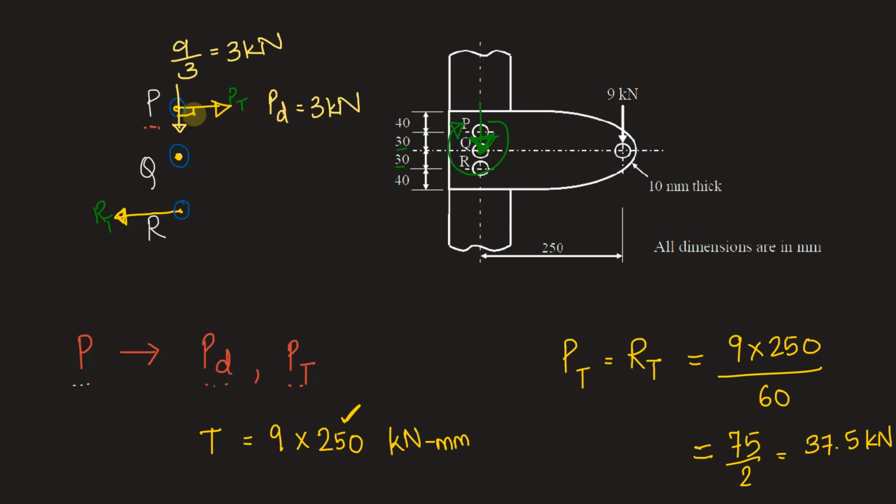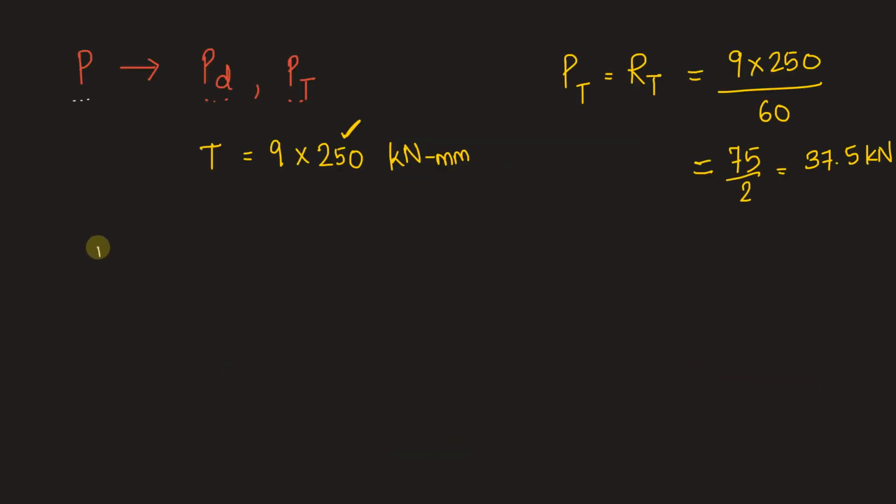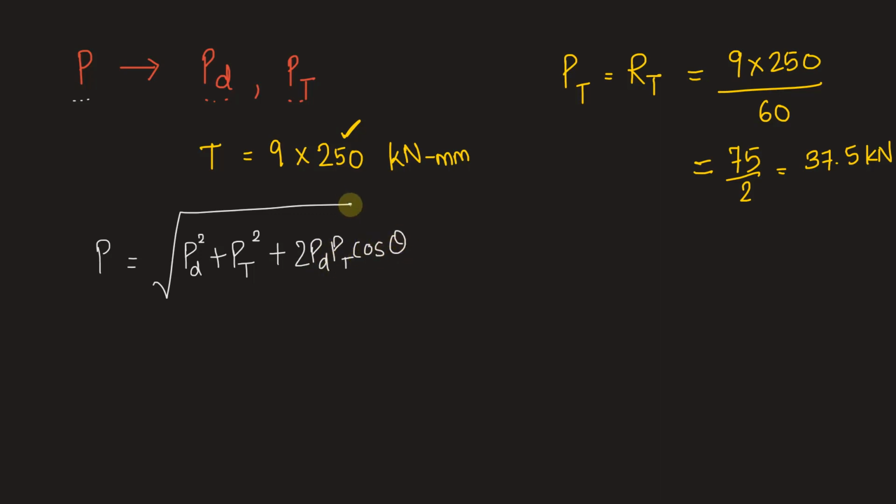The angle between them is 90 degrees, so the resultant can be calculated now. Resultant force P is equal to root over PD square plus PT square plus 2 PD PT cos theta, where theta between them is 90 degrees, and cos 90 is 0. This term becomes 0.